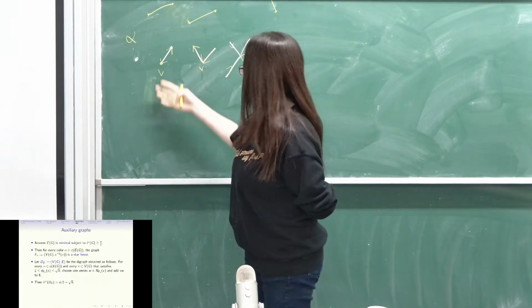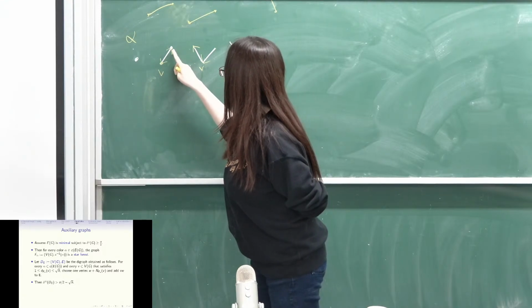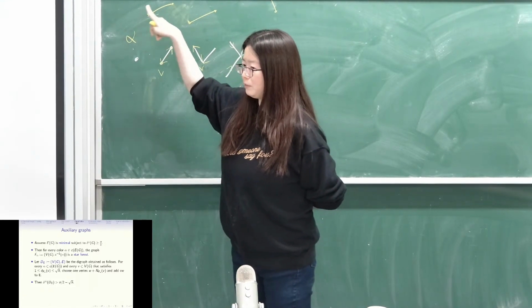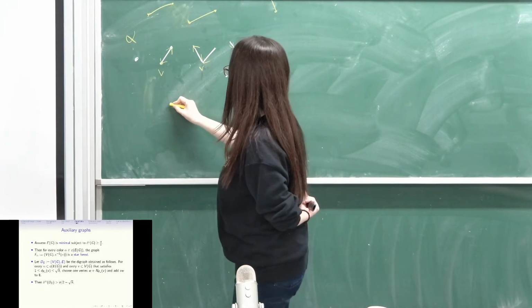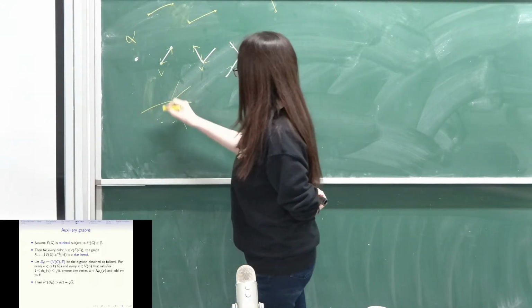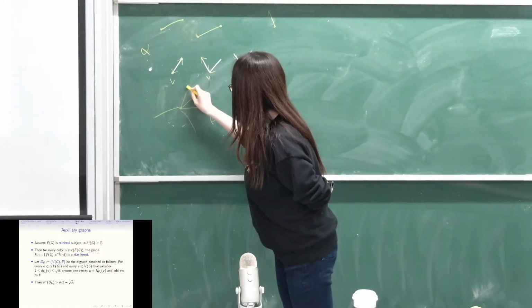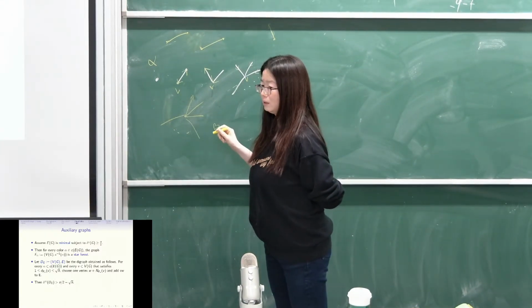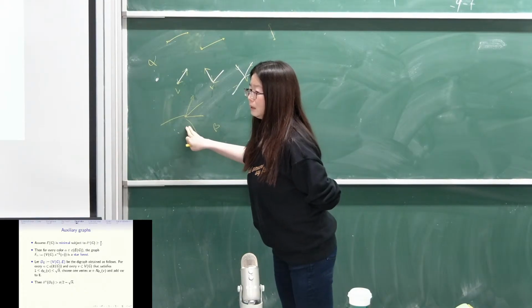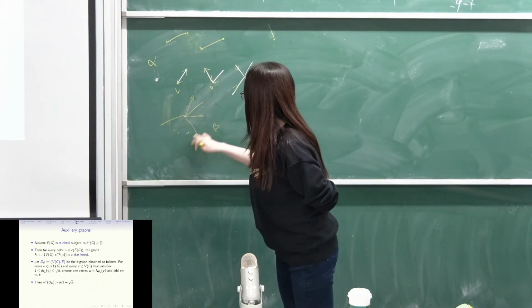For all the colors it sees, I add one edge pointing out in the color, except for the case when we see many edges in color beta. Then I don't add any out edge in color beta. That's the exception. The exception happens when there are square root of n edges.